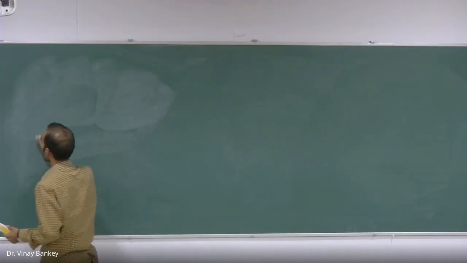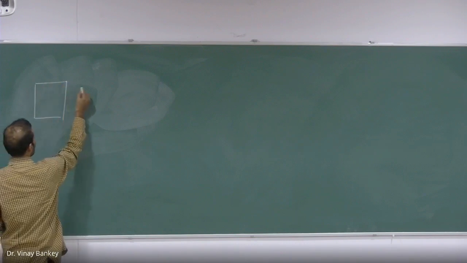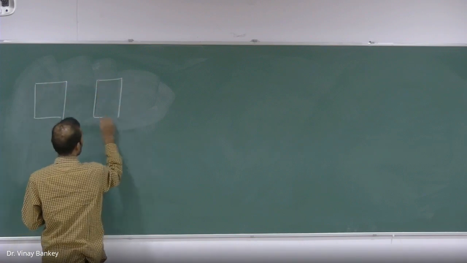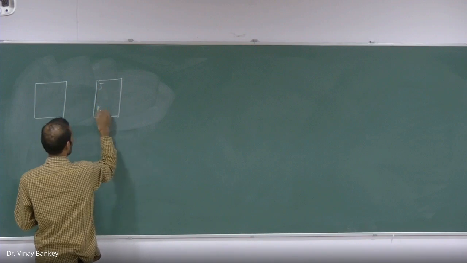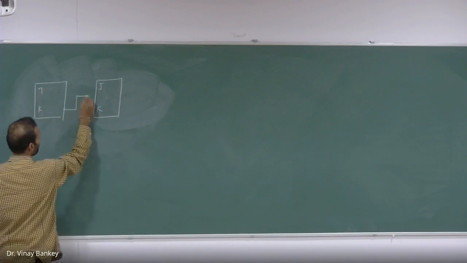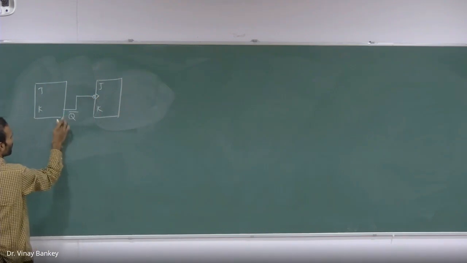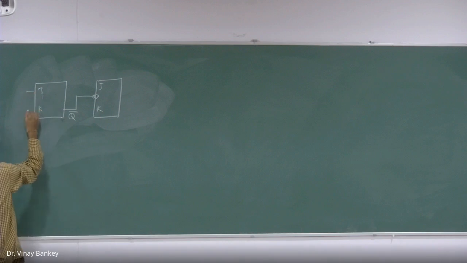Now what happens if I connect the clock pulse in this manner? I have these two flip-flops, J and K, and now the clock pulse is connected from the Q bar. This is Q bar.